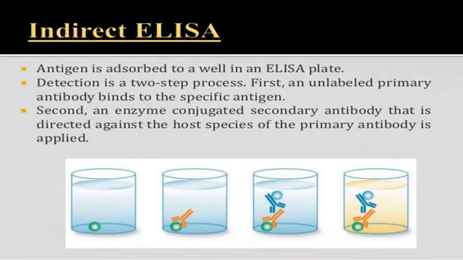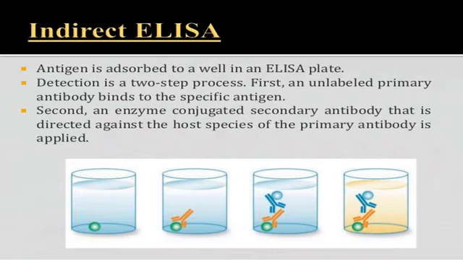For example, if the patient is suspected to have an HIV infection, we coat the plate with the antigen of this virus, then we add the serum of the patient. Usually, when there is infection with HIV, the immune response will develop antibodies, so the blood of the patient will have antibodies.